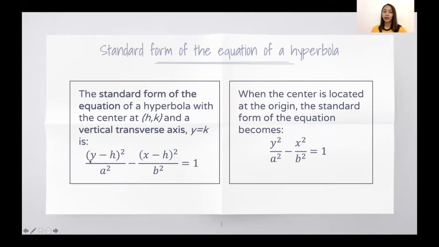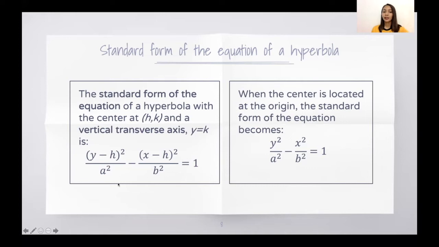So, dun sa horizontal transverse axis, ang nandito sa may unahan na variable is x. Kapag vertical naman, usually y po ang nandito na variable. Okay? So, comparing to ellipse, 'di ba, ang standard form dapat a is greater than b. While in hyperbola, hindi po natin ina-apply yung property na yon.